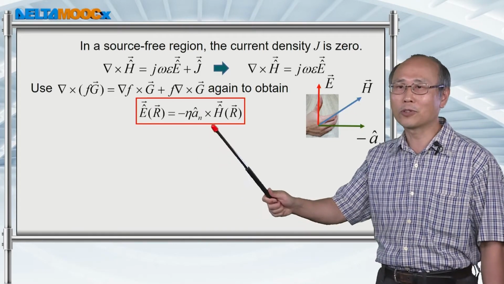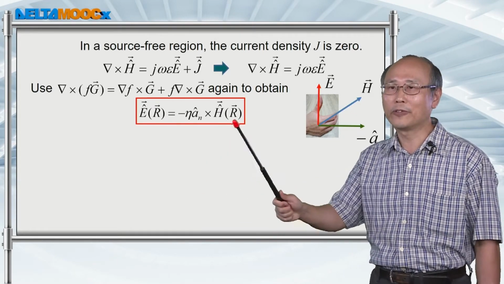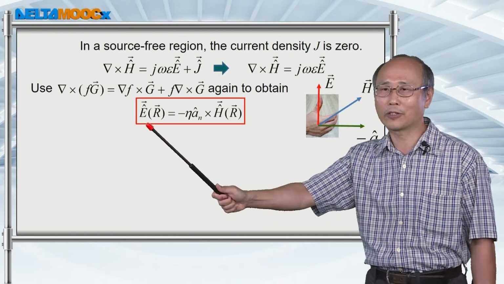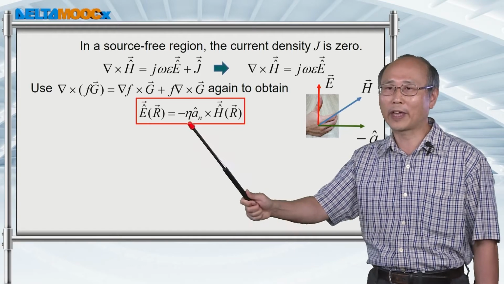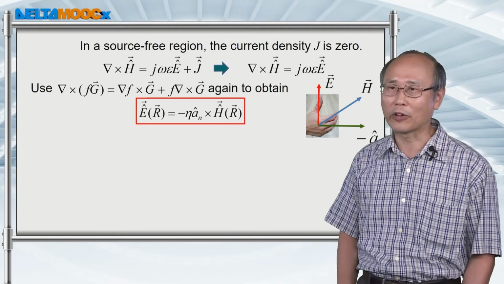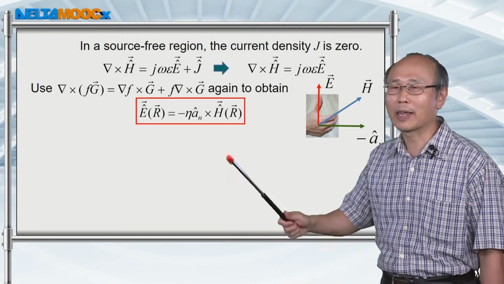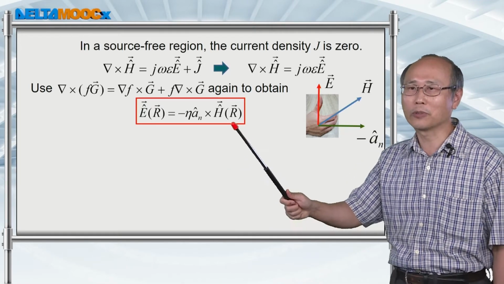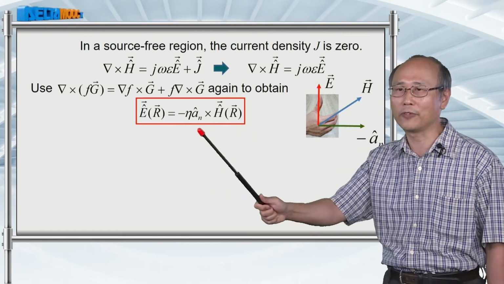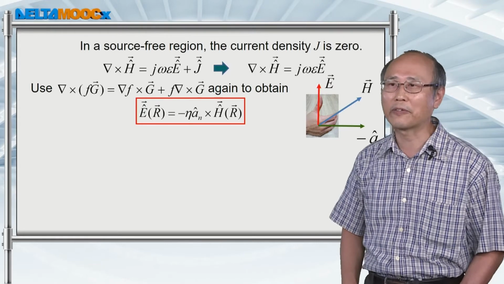This result also tells you that if you know the magnetic field from your solution, you can deduce the electric field as well. And don't forget there's a proportional factor eta here, which is the intrinsic wave impedance. This expression also tells you the directional relationship between the electric field, the magnetic field, and the k vector.